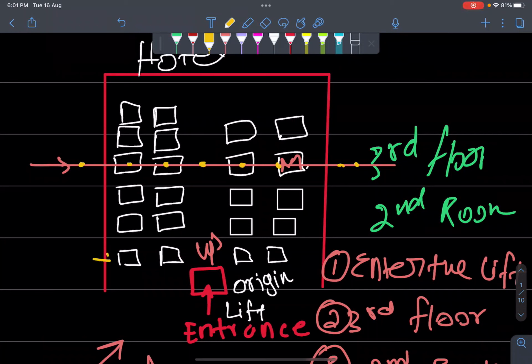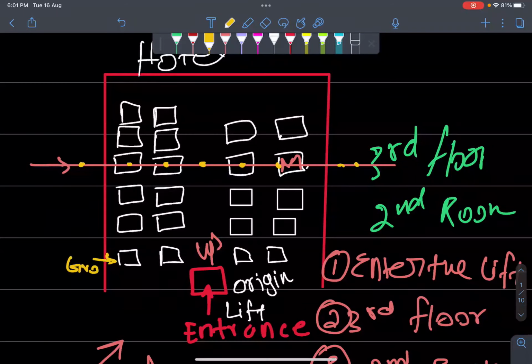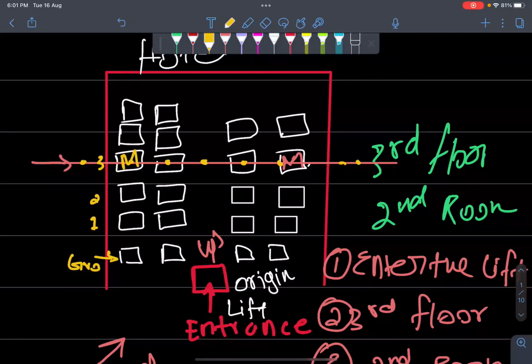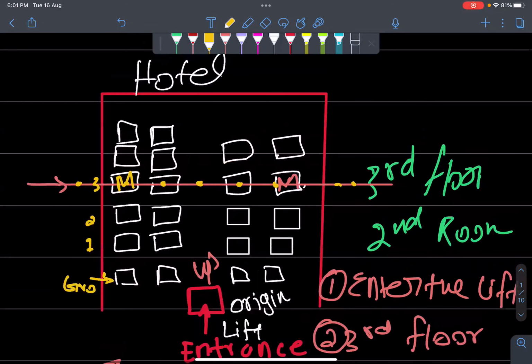This is the ground floor of the hotel, then first floor, second floor, third floor. Let's say at 10 a.m. I am here, and Furkan calls me: sir, where are you? I say I'm at my hotel. He asks which floor, and I say third floor.